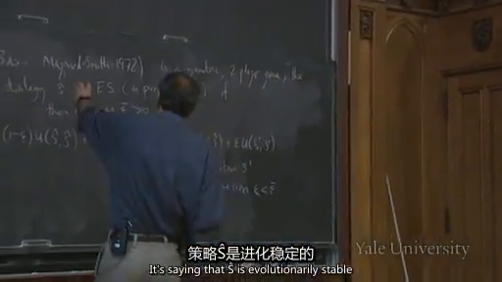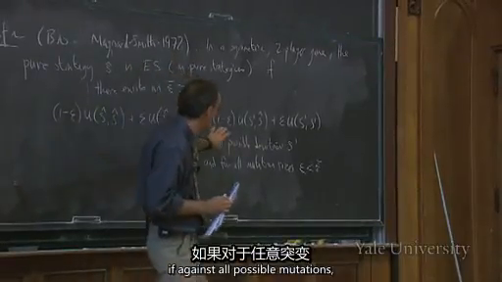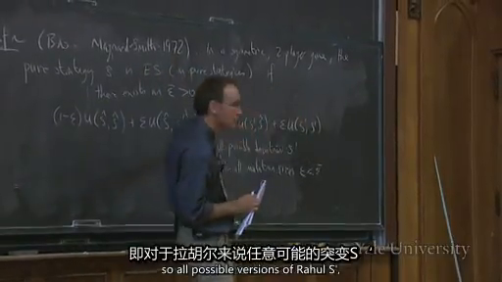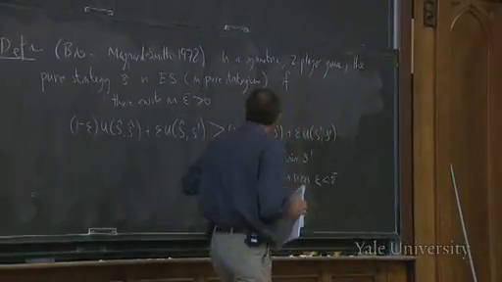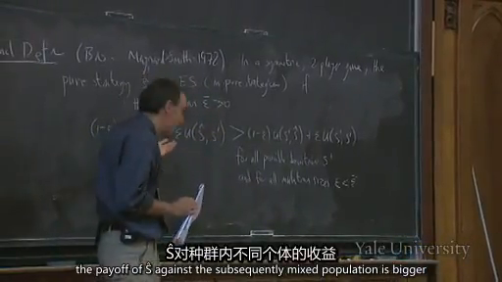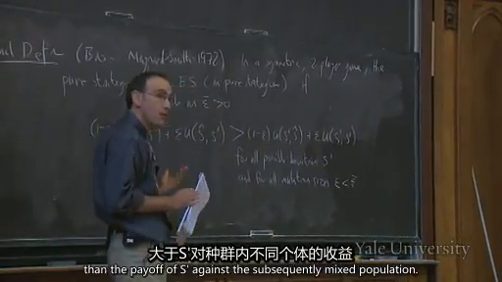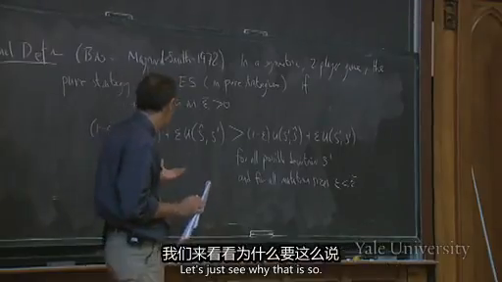It's saying that S hat is evolutionarily stable if, against all possible mutations, so all possible versions of Rahul, S prime, the payoff of S hat against the subsequently mixed population is bigger than the payoff of S prime against the subsequently mixed population. Let's see why that's so.